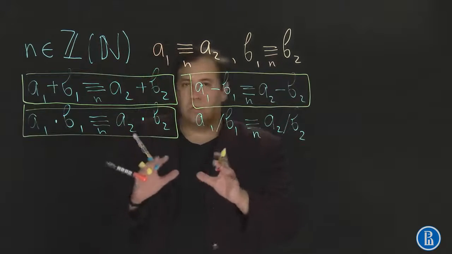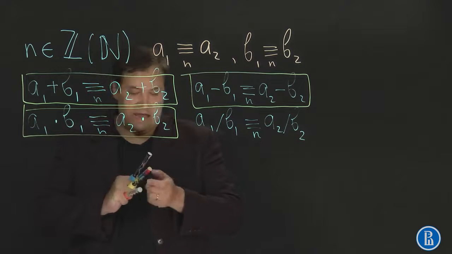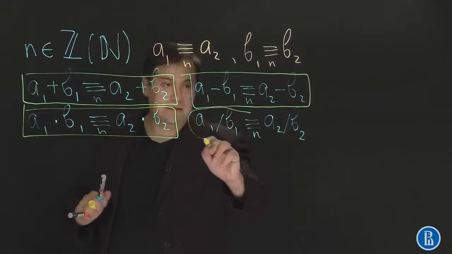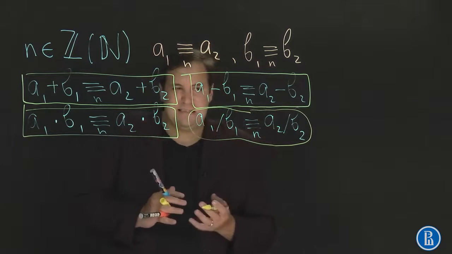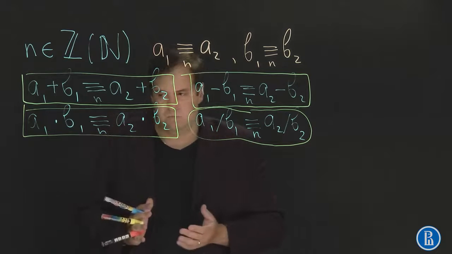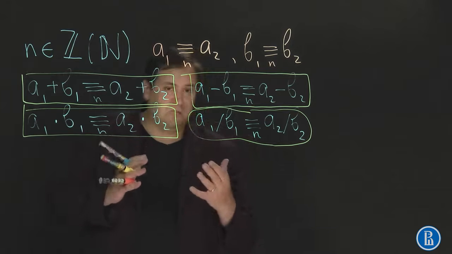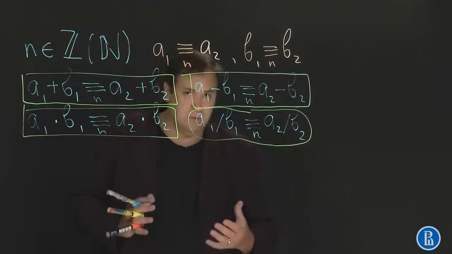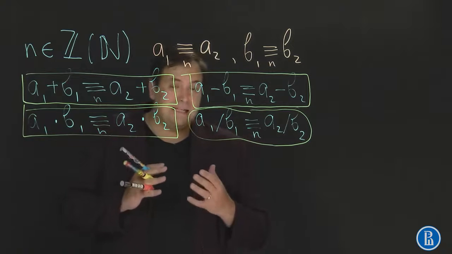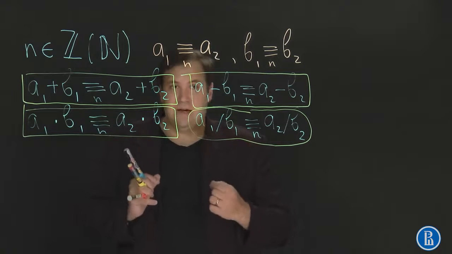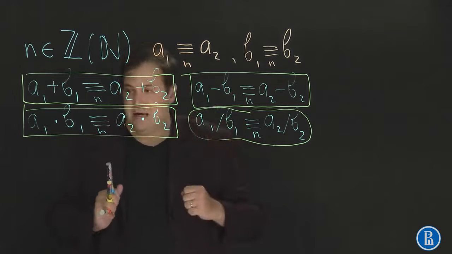So these three hold in any case. But the last one, concerning the division, well, it's sometimes true, sometimes not. And there are cases when we can say in advance whether it will be true or wrong, and we will discuss these cases today. But please be very careful when using division together with congruence modulo n.